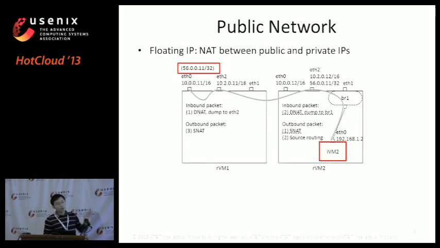We can forward the traffic by manipulating rules like DNAT rules, SNAT rules, and source routing rules. We can forward the traffic for the IP 56 to the IVMs running inside another RVM. So it looks like the public IP is associated with the IVM running on another RVM.